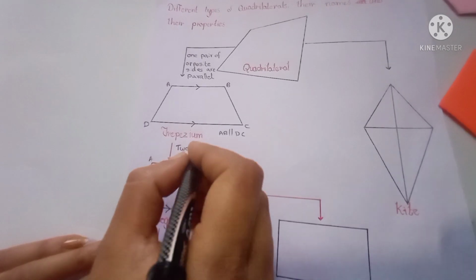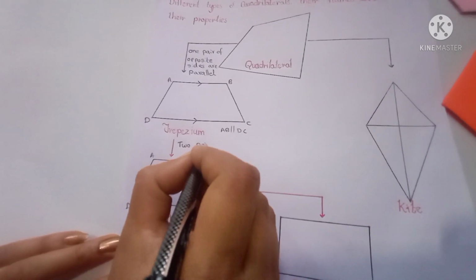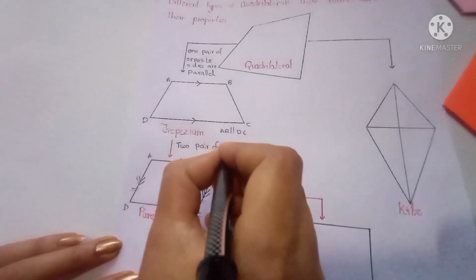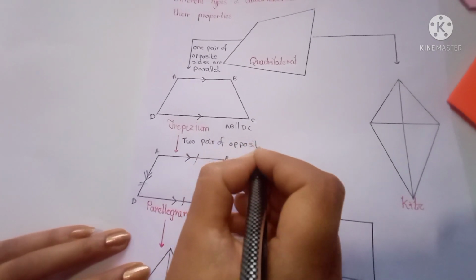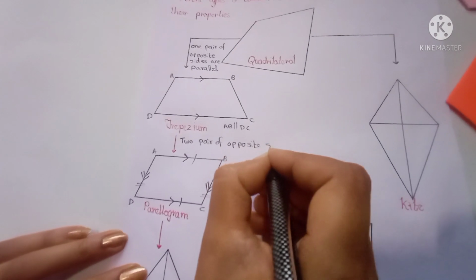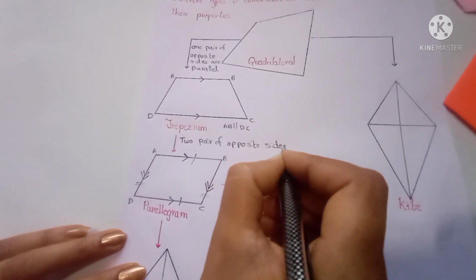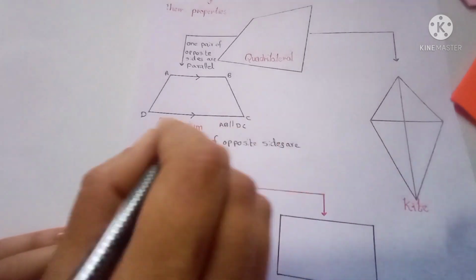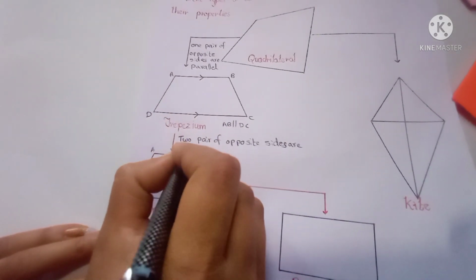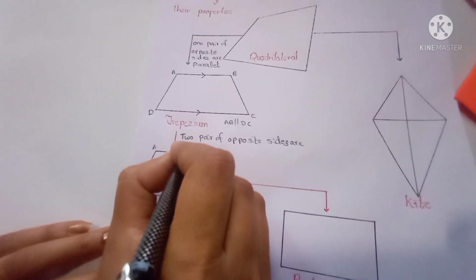Two pairs of opposite sides are equal and parallel.